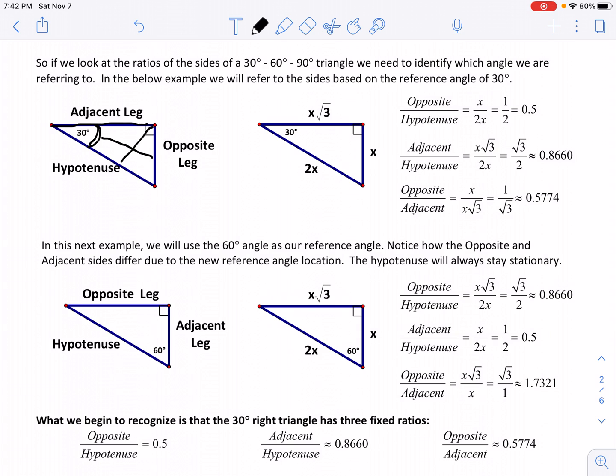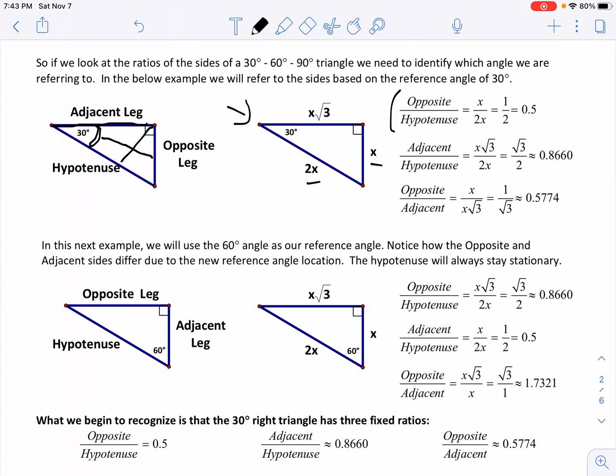Now, they're using a 30-60-90, and we know the relationships of a 30-60-90: my shortest leg is x, my longest leg is x times the square root of 3, and the hypotenuse is 2x. Based on that information, there are different ratios we can form between the sides. If I take the opposite, which is x, over our hypotenuse, which is 2x, I can write that as the ratio opposite over hypotenuse, x over 2x.